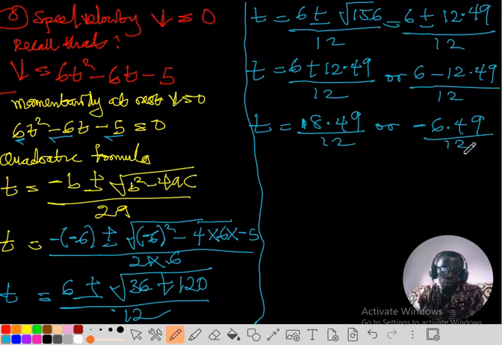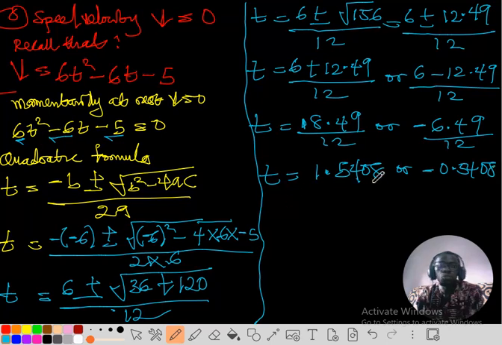If we divide 18.49 by 12, that gives t to be positive 1.5408, which is 1.54, or minus 6.49 divided by 12, which is minus 0.5408. So the positive value here gives the answer for the time.